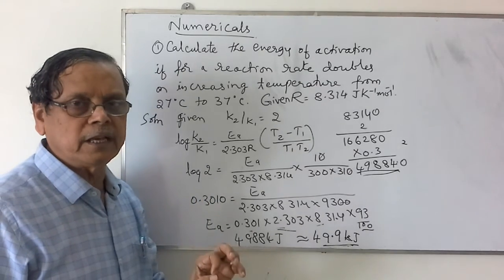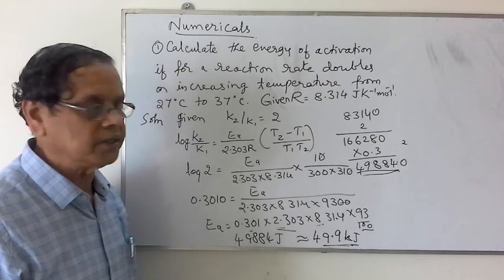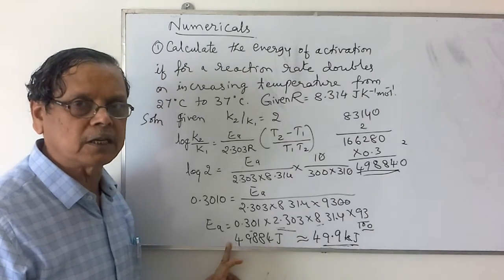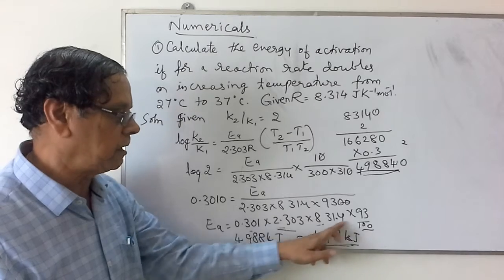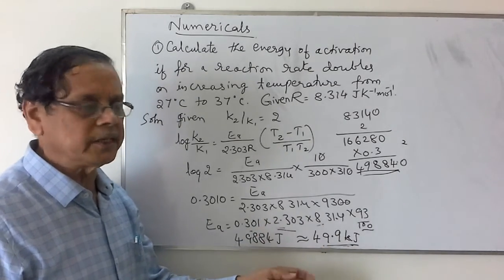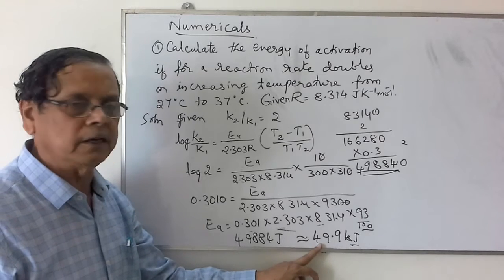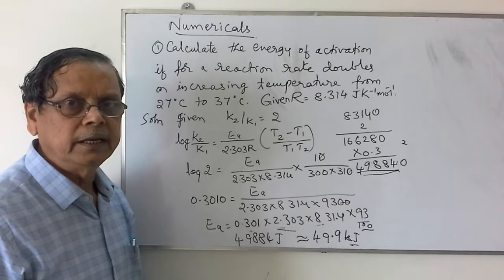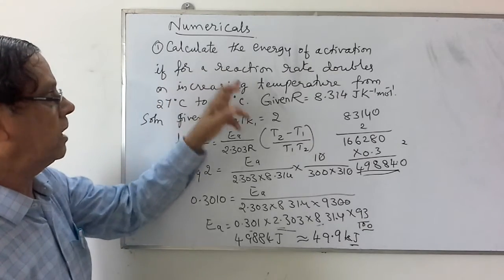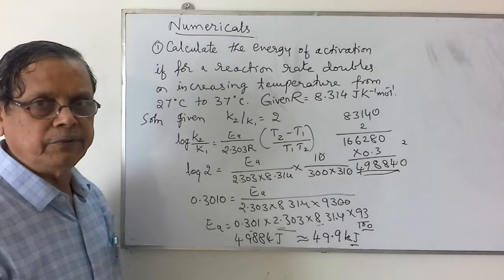In some of the board examinations as well as the competitive examinations, calculators are not allowed. That's why you are supposed to calculate approximately. In a competitive examination, by calculating approximately, you can select the nearest correct answer. So that is how we can calculate the energy of activation.